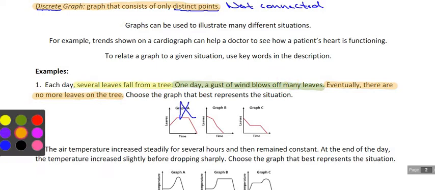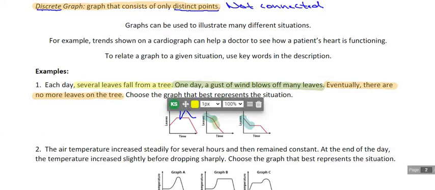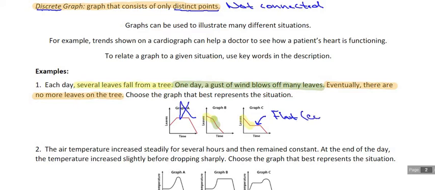Let's say the highlighted part here in yellow corresponds to the yellow statement. Now for the next piece, graph B, notice that it's more severely going downward. Whereas for graph C, it flattens out for the second segment, which would mean that the leaves would be staying constant.